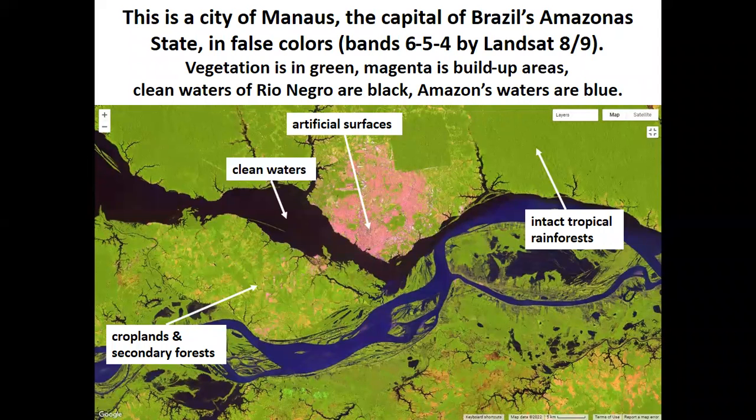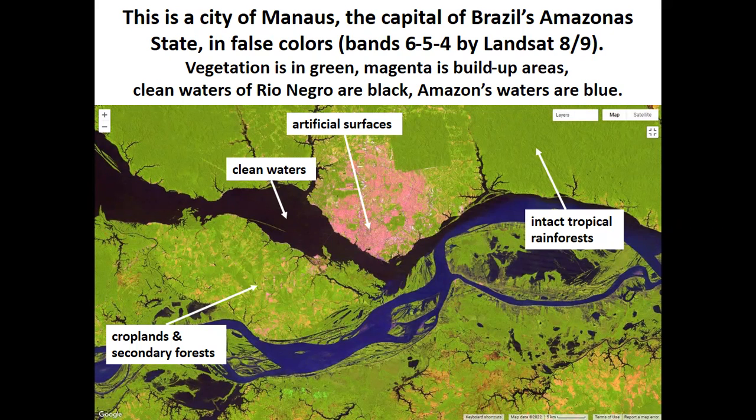The Rio Negro has water which looks actually black in that image, not necessarily black in reality, but this is basically clean water. And this is why it looks black.